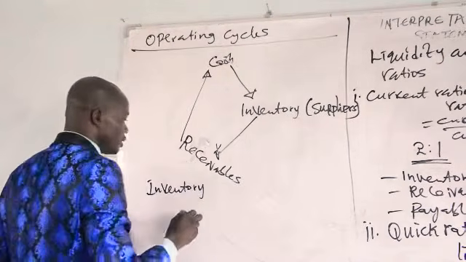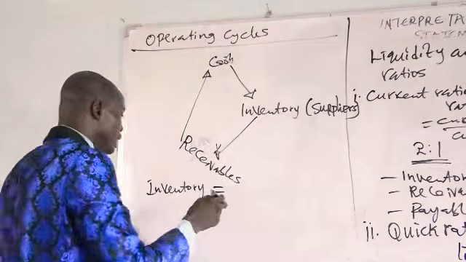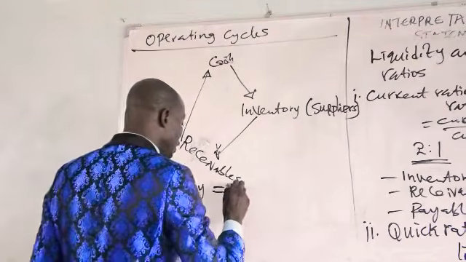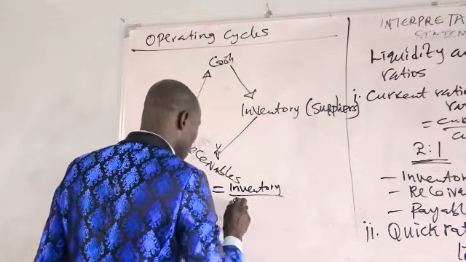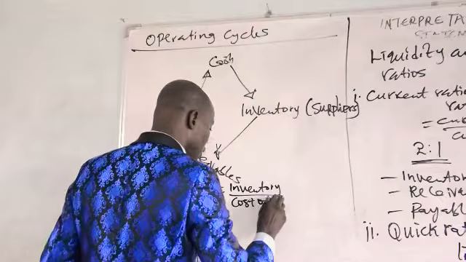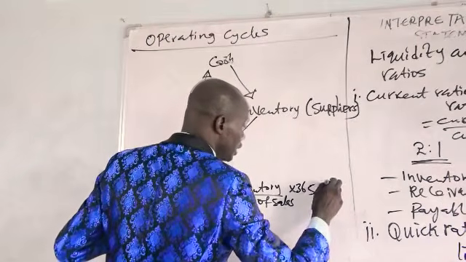So for your operating cycle, you can have your inventory turnover, which will be inventory over cost of sales times 365. It will give you, let me say, A days.